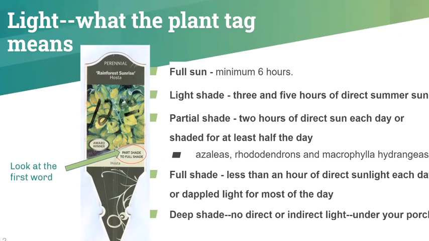And full shade, you know what that is. And then dense shade is when you plant something underneath your front porch and there's no light. So if they give you a combination of part shade to full sun, the first word describes the light requirements that it would prefer, and the second one means that it'll tolerate some full shade.